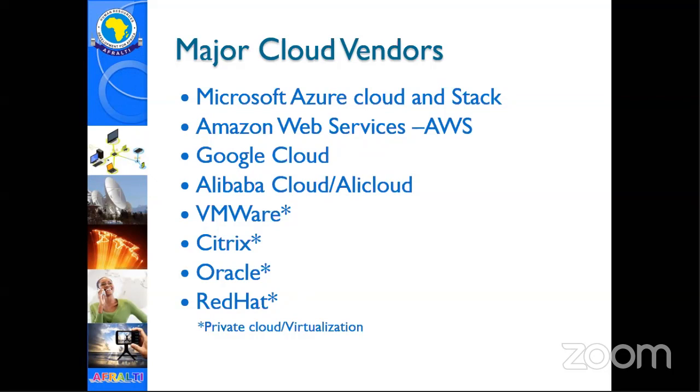And as we mentioned, Amazon is very large, but Amazon is large and popular when it comes to infrastructure and platform as a service. That's why they are popular and large. Microsoft is very strong on software as a service.